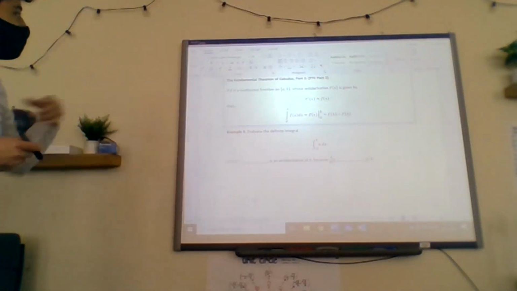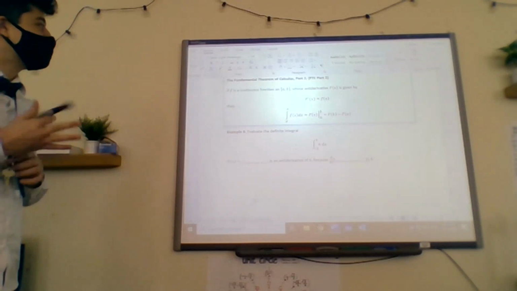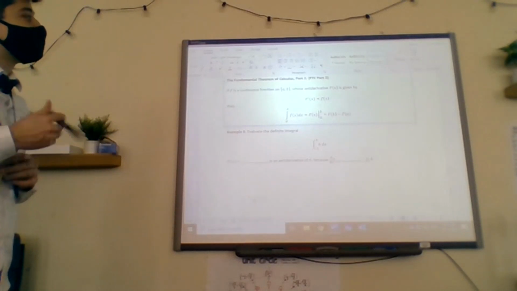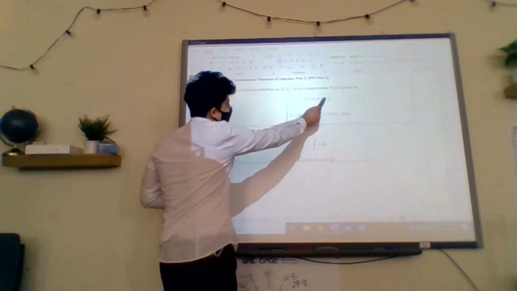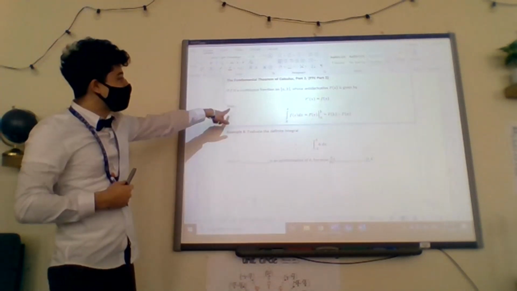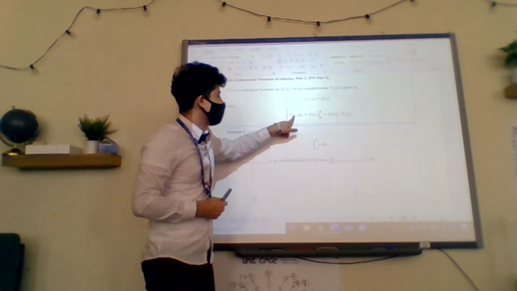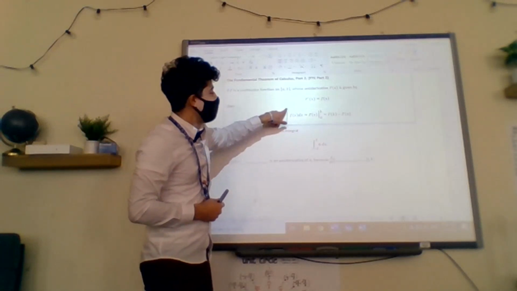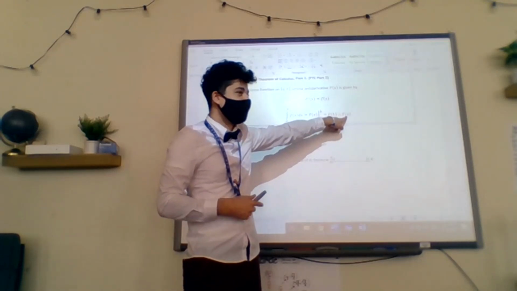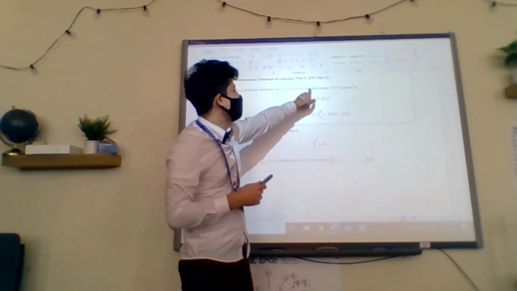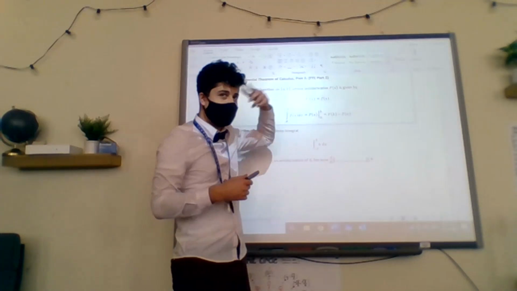So here is formally: if little f is a continuous function on a to b, whose antiderivative big F of x is given by F prime of x equals little f, then the integral of little f from a to b is equal to the antiderivative at b minus the antiderivative at a. And this word antiderivative means what it sounds like.